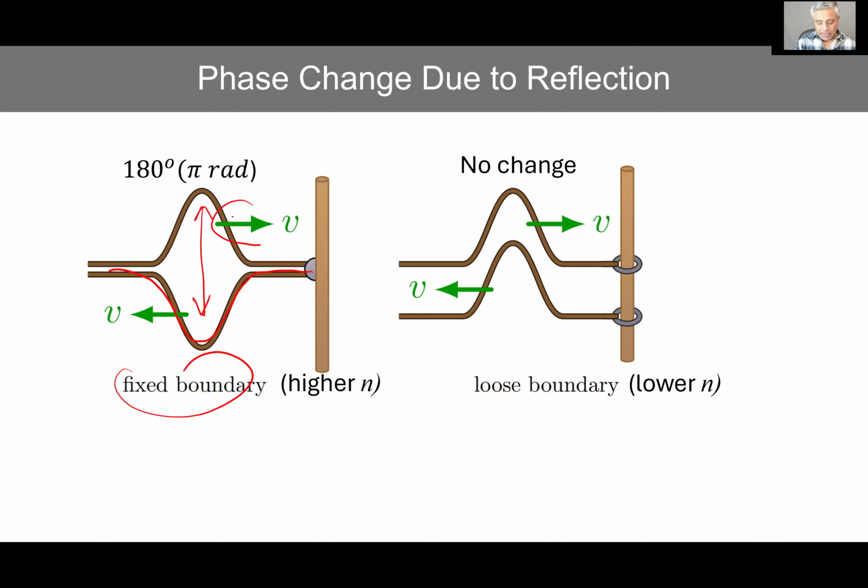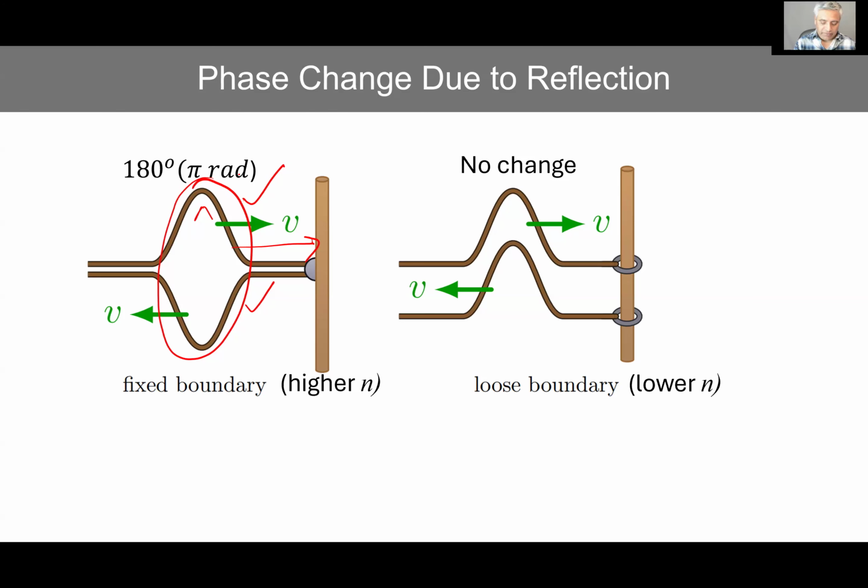Here this V is showing it is moving to the right on the screen, and the V over here indicates it's now moving to the left. So this wave is when it was coming to the boundary, and this wave is when it's already reflected. When it's reflected, we see there is a 180-degree change.